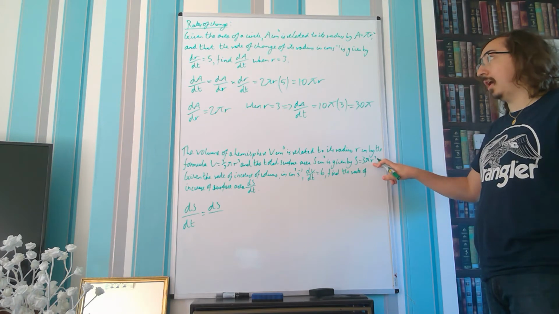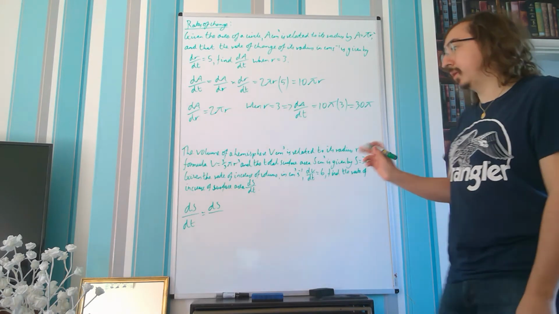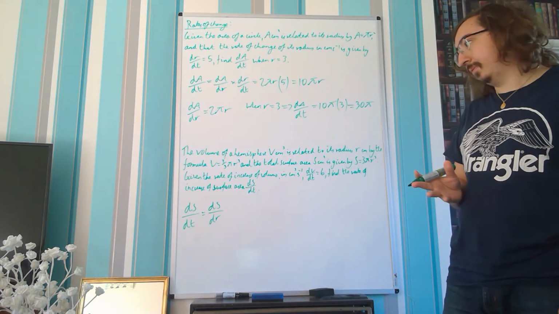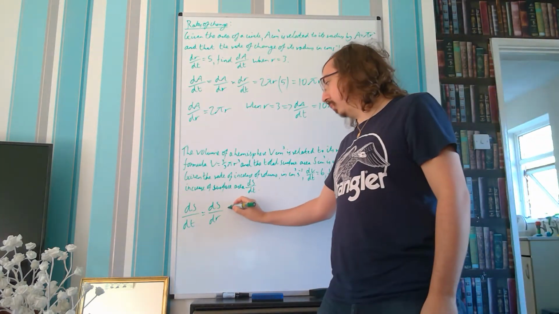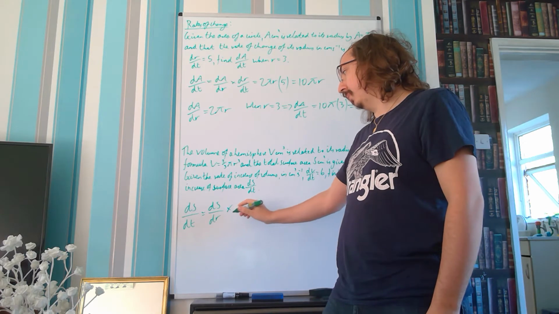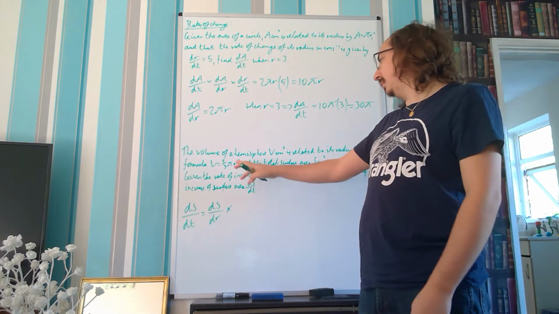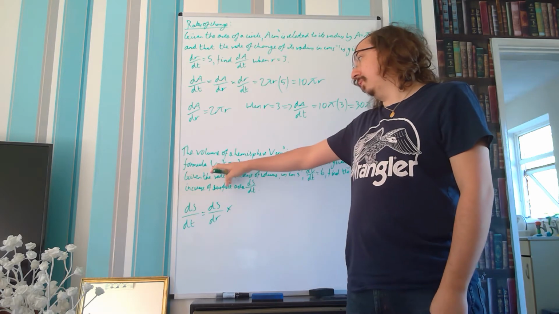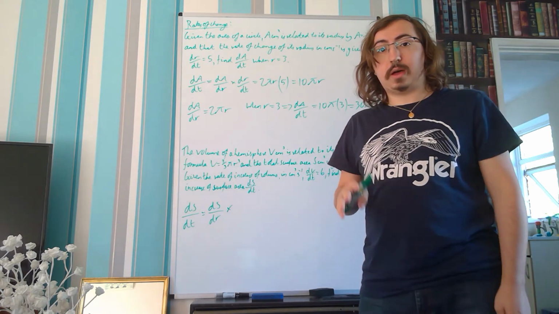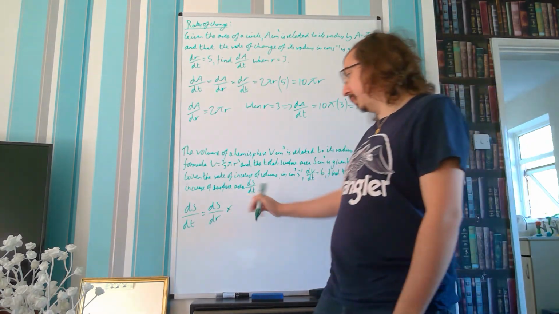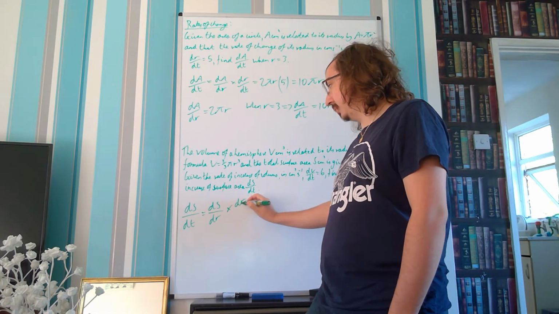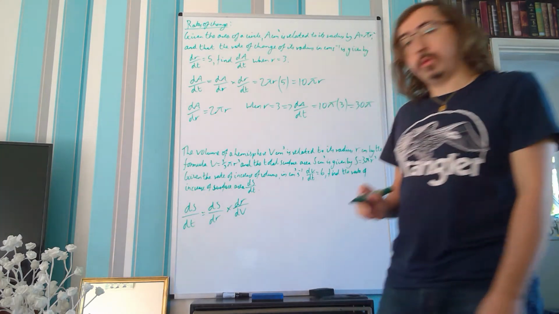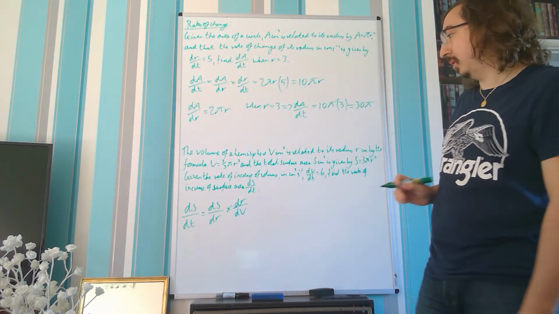Well, it's in terms of r, so just like the last one, all we can do to start with is find dS by dr. Well, we don't like the dr, so we need to look for another expression with r in it, and all that we've got is V, the volume in terms of r, so we're going to use that one. We want to get rid of the dr, so we're going to have the dr in the numerator, and because V is the other variable there, over dV.